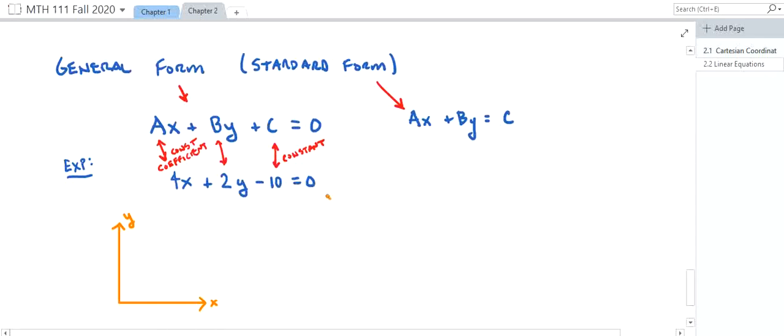So one of the things that you typically do is you convert this to slope-intercept, and we do that by solving for y.